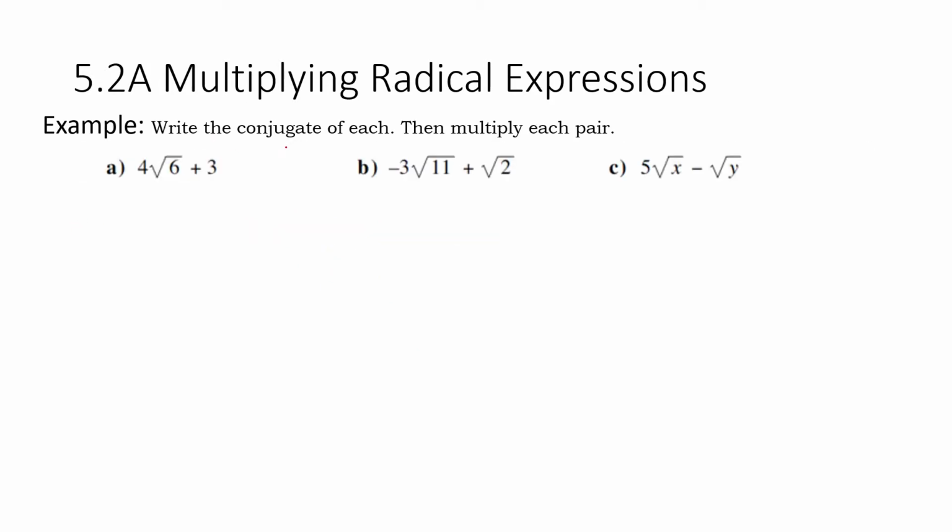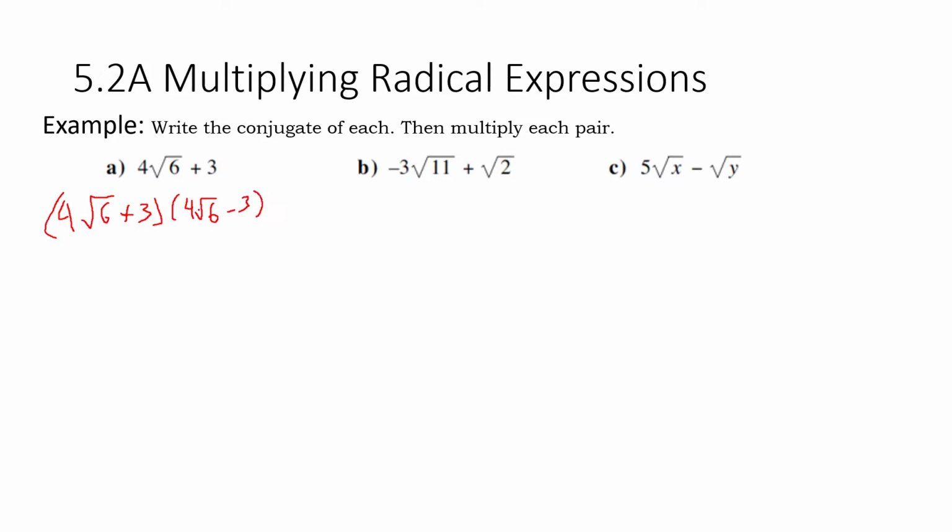So write the conjugate of each, then multiply each pair. If I had 4 root 6 plus 3, its conjugate would be 4 root 6 minus 3. I treat this like 4x plus 3 and 4x minus 3.